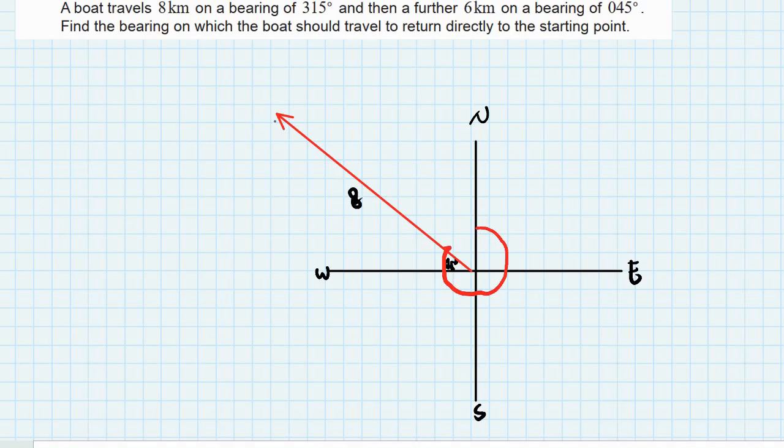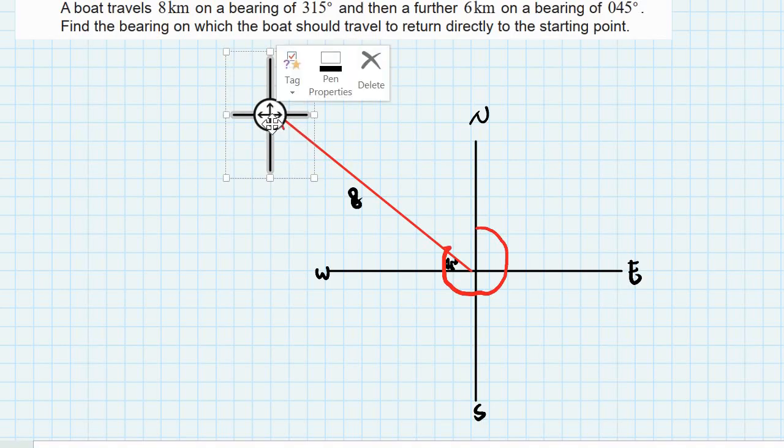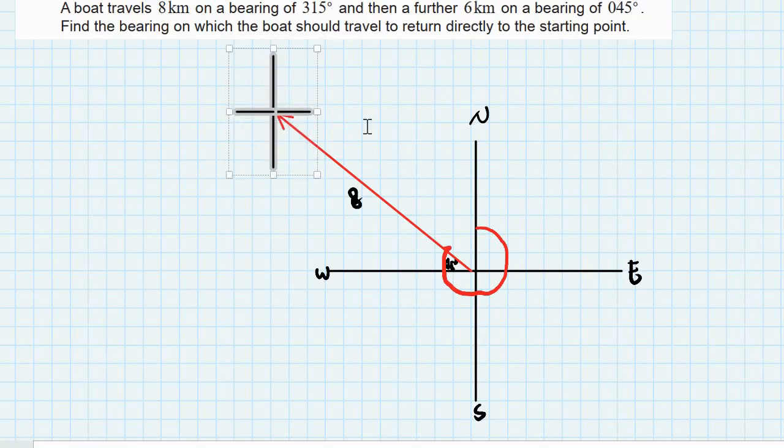After this, the boat travels 6 kilometers on the bearing 045. I need to draw this clearly so it's clear for us.